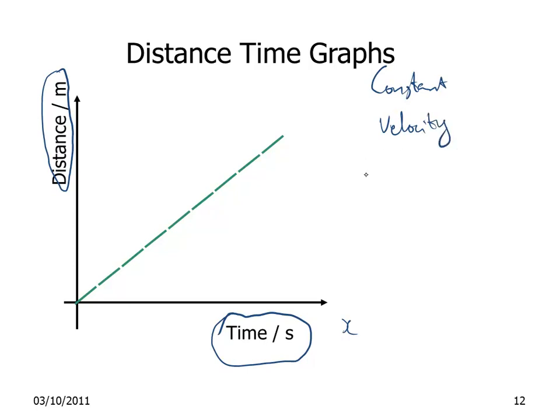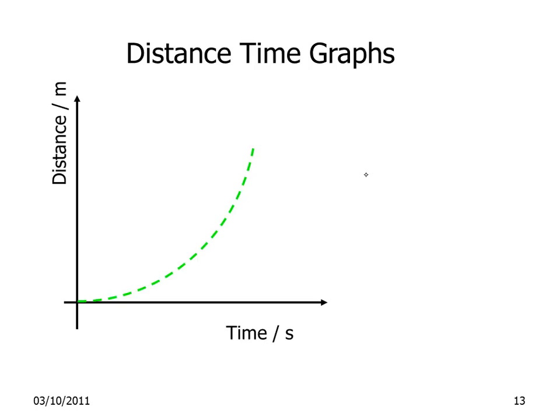In this case, when the distance time graph is going up like this, in this time you cover a very little distance, but if you go the same amount of time from here to here, you'll see that it covers a good bit more distance.